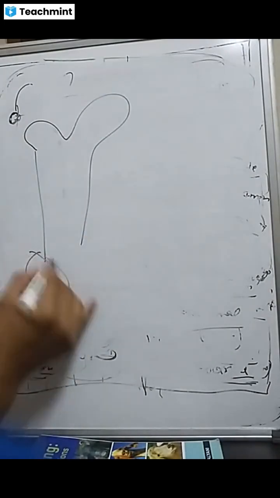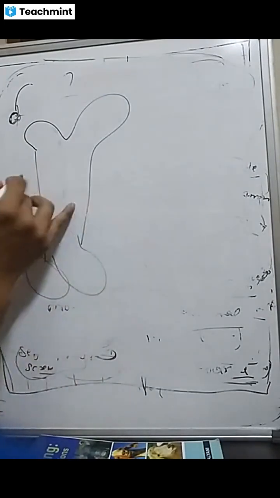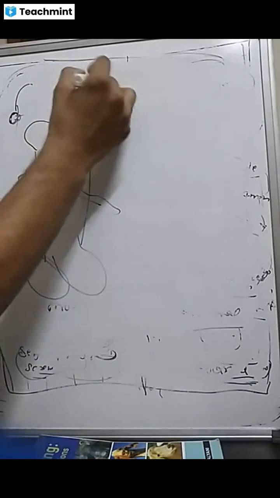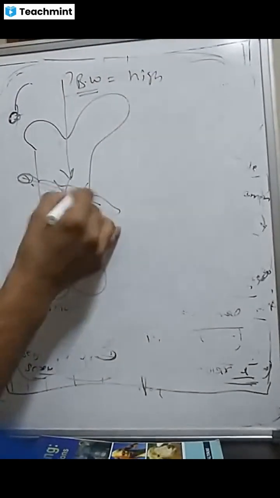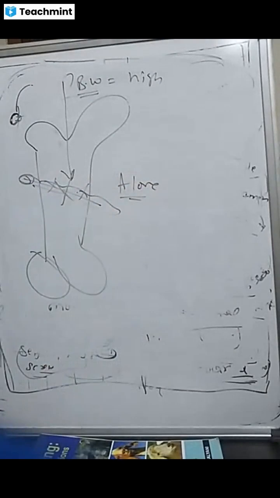So where to use a lag screw? See, these are the condyles. If you use a lag screw here, this is an oblique fracture. The animal's body weight is high. One screw alone is not enough to bear this weight, so we cannot apply a single lag screw in the shaft.